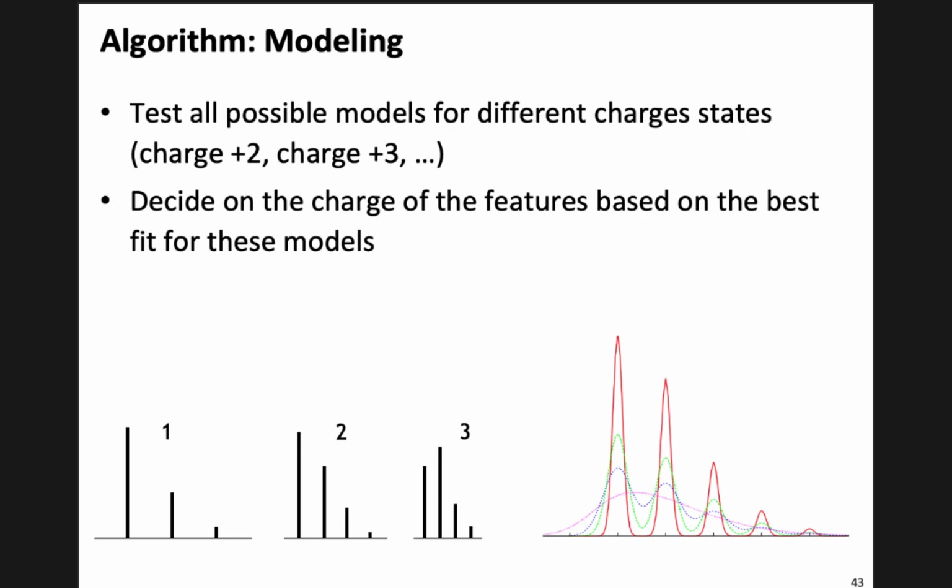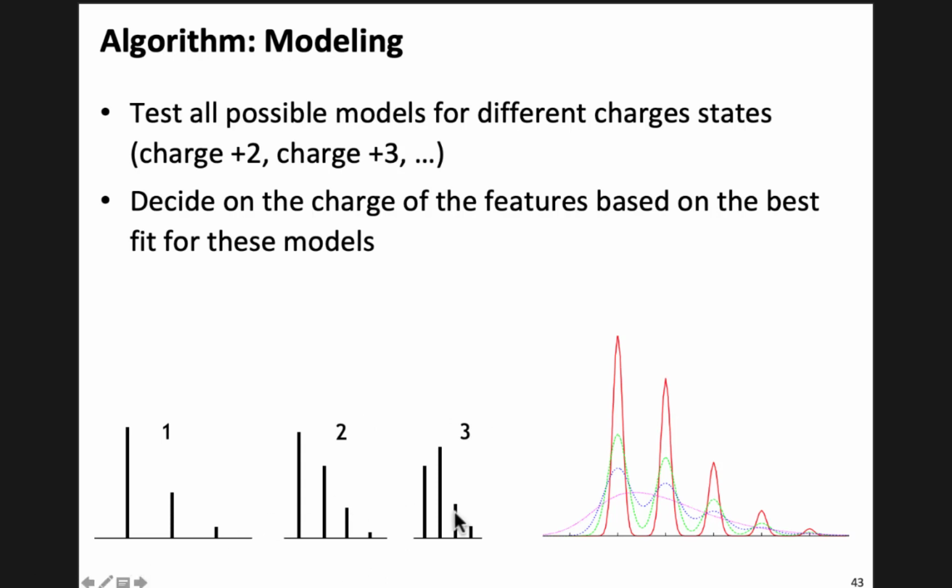The way we do that is by testing all these different models for different charge states, for different compositions, and we just decide which of these models fits best. So once we have decided on a seed of mass traces, we throw different hypotheses at the data and ask, well, does it look like a +1 or like a +2 or like a +3 feature?